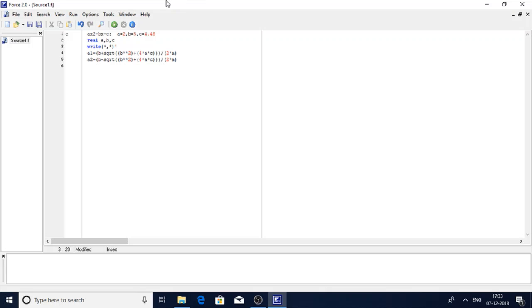Let me put the values of A, B, and C alone, so that I can understand which values I want to put. Basically, I do it this way, because I don't want to get confused about what values to put when time is short. You can put all the inputs together, so some time will get saved. Let me write here individually.